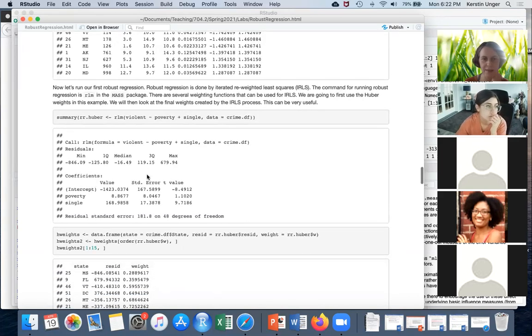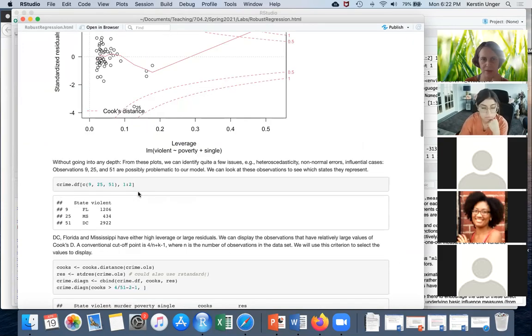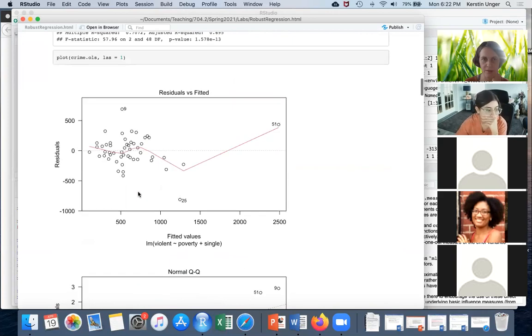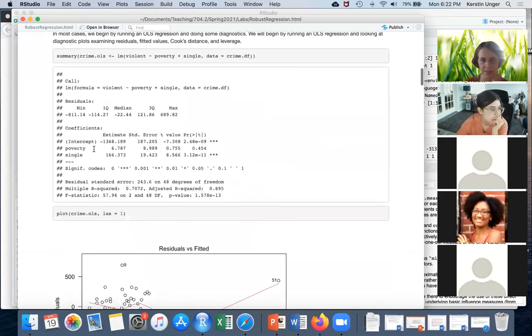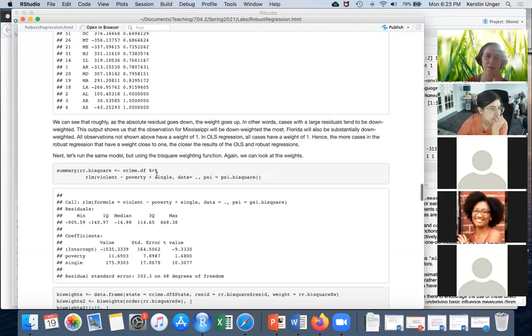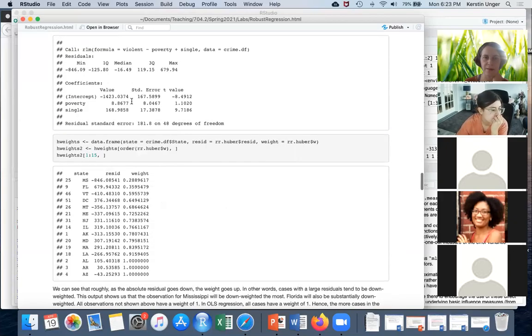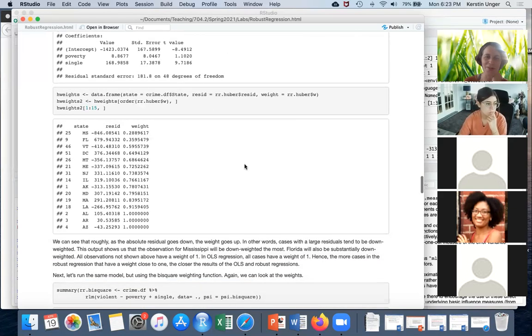If you compare that to our ordinary least squares regression, we see our coefficients are different. You will also notice there are no p-values, which might be a little bit inconvenient, so you actually have to calculate them by hand. We'll show you how to do that later.